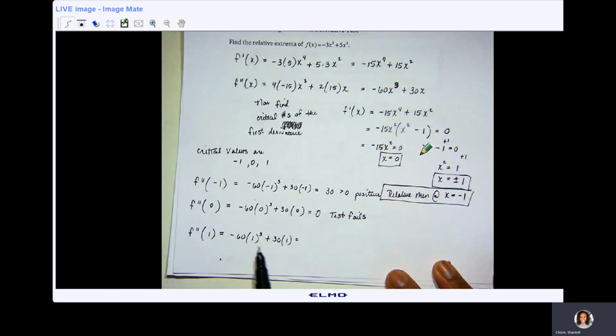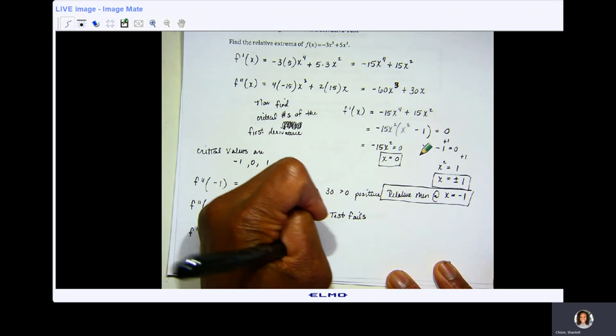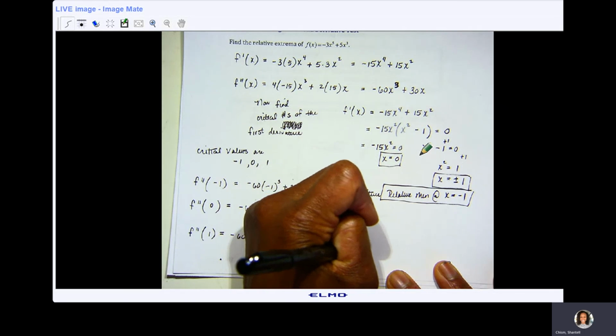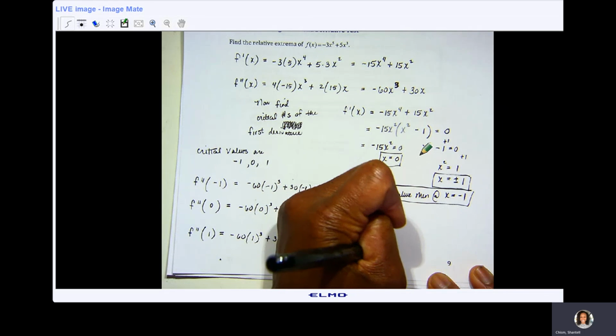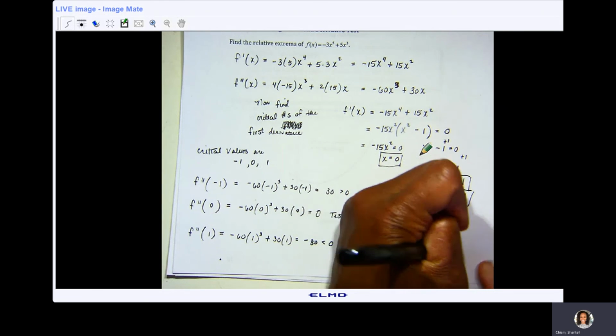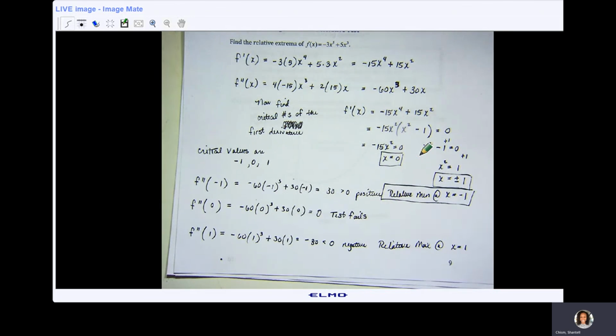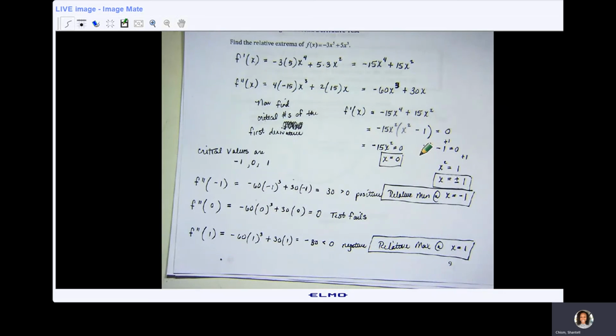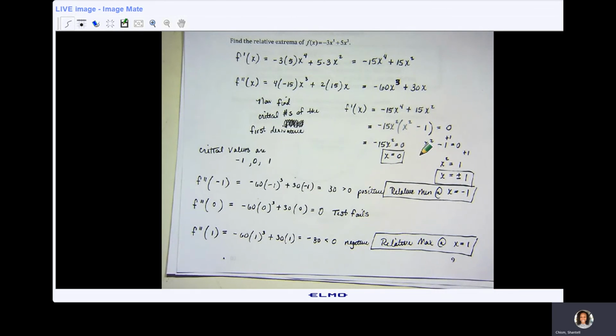And here, this is negative 30, which is less than 0, which is negative. So that means you have a relative max at x equals positive 1. Okay? And there you have it.